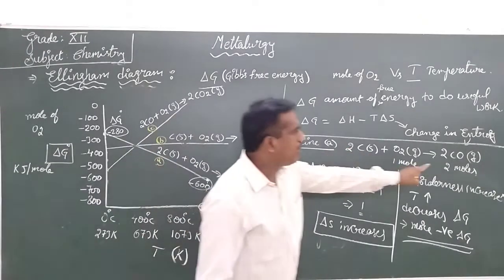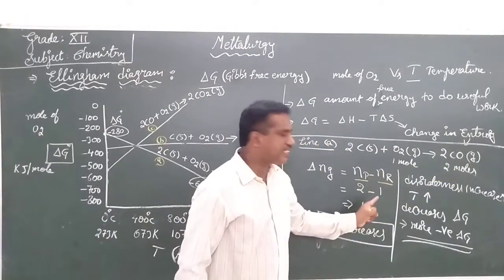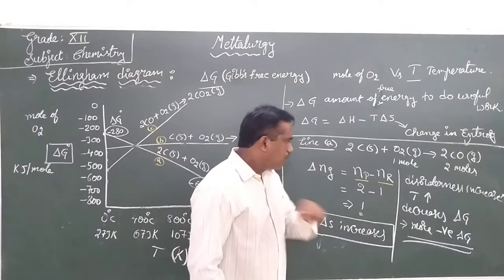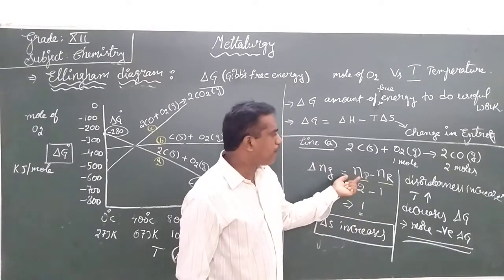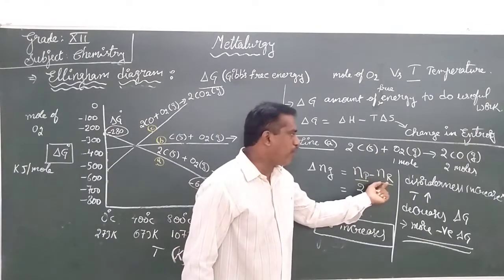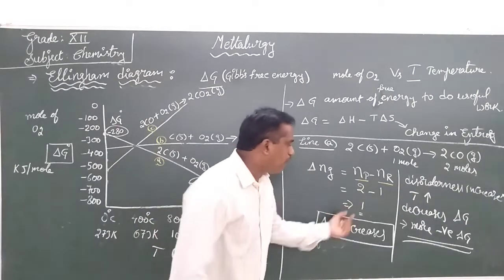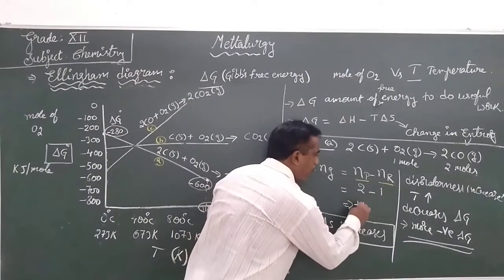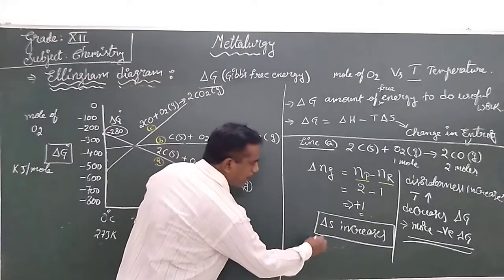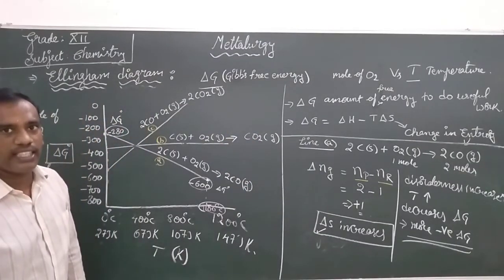In the equation, we have 2 moles of gaseous products whereas 1 mole of gaseous reactant. So, when the number of moles of gaseous products is more than the number of moles of gaseous reactants, here we got a positive value. When this is a positive value, then we say disorderness is increasing.